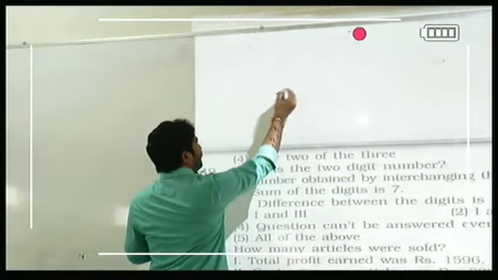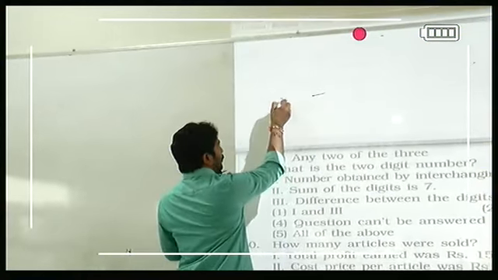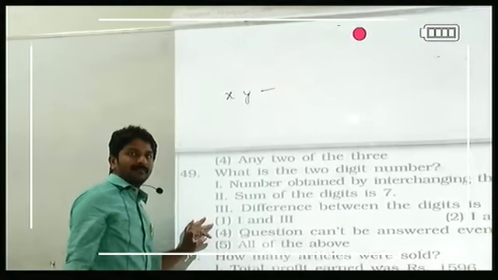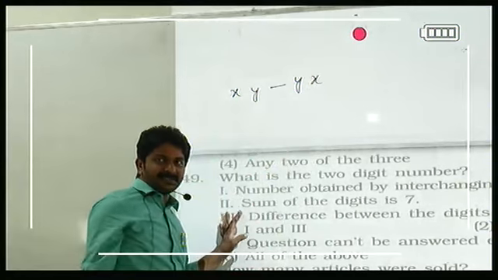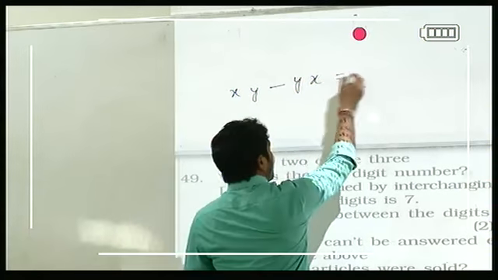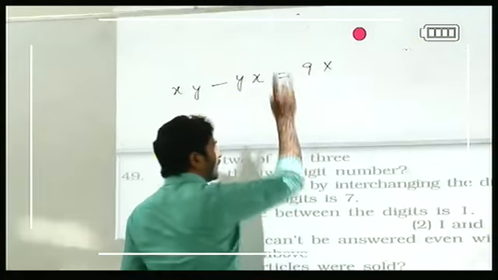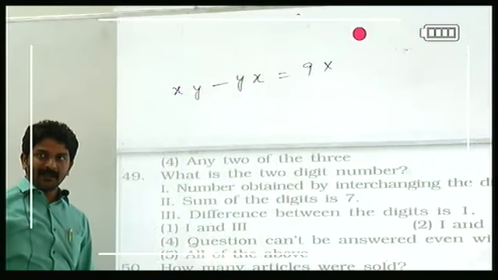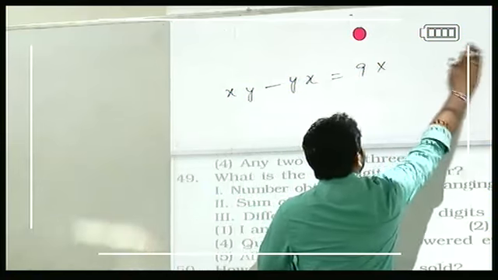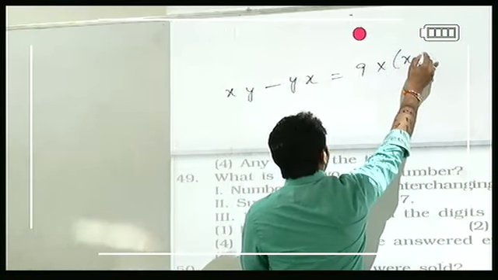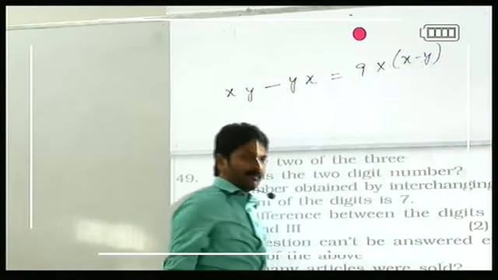See, the difference of a two-digit number and the number obtained by interchanging the digits will always be a multiple of 9. Always a multiple of 9.